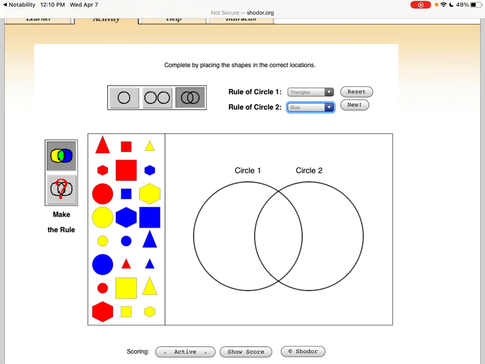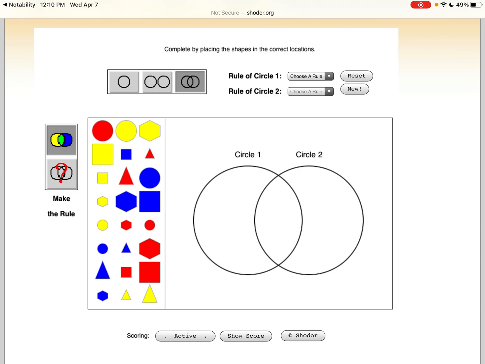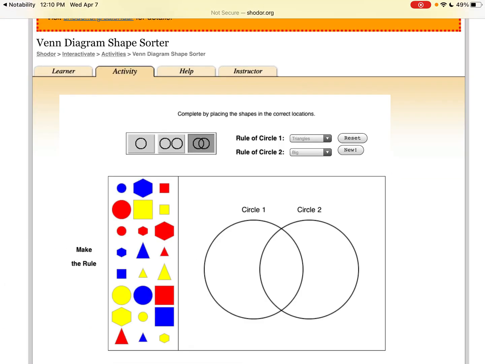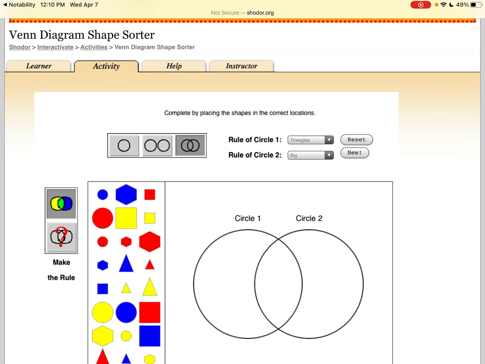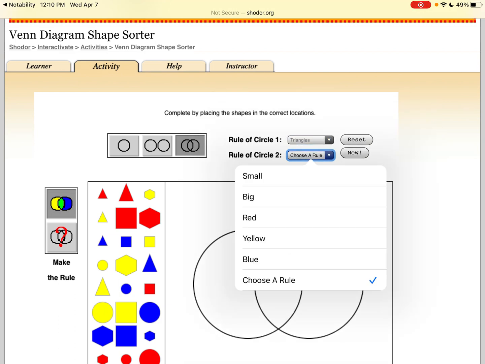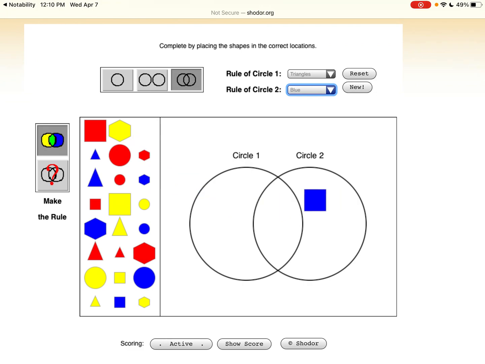So now we can go ahead and start placing our shapes in the correct locations. Oops. Sorry, I typed it in wrong. Triangles, blue. Alright, so let's start doing this.